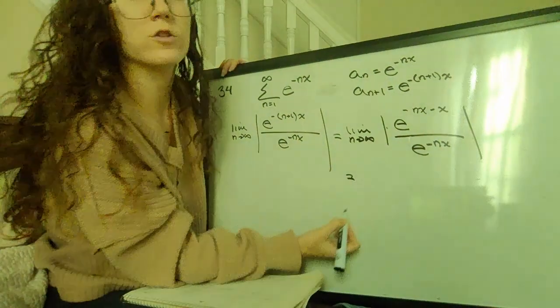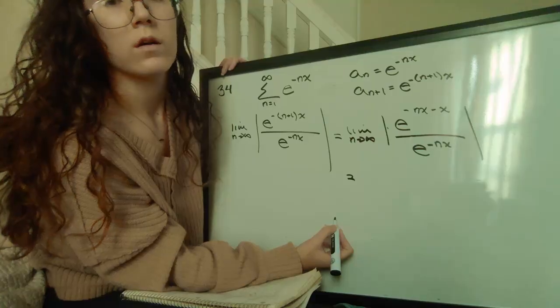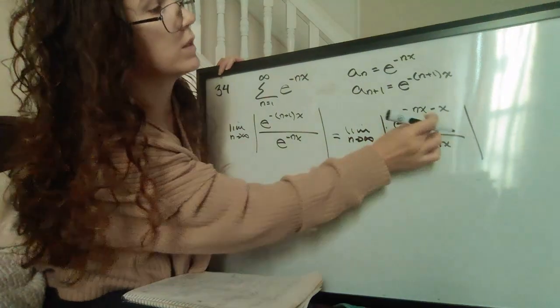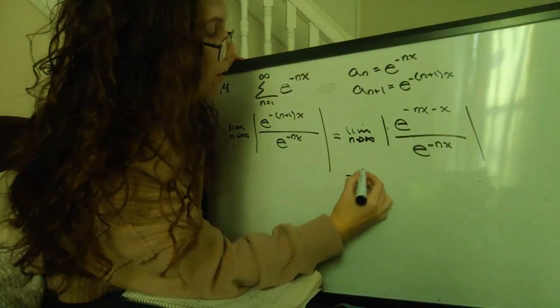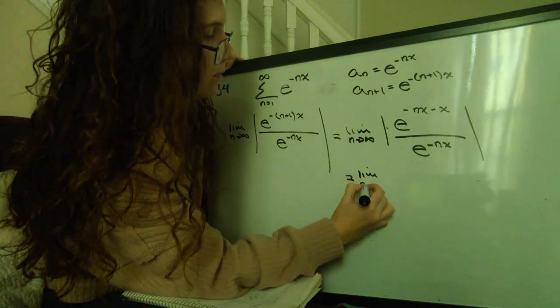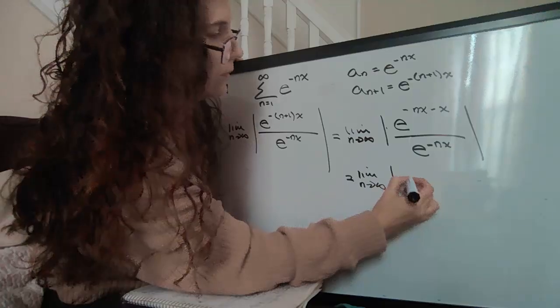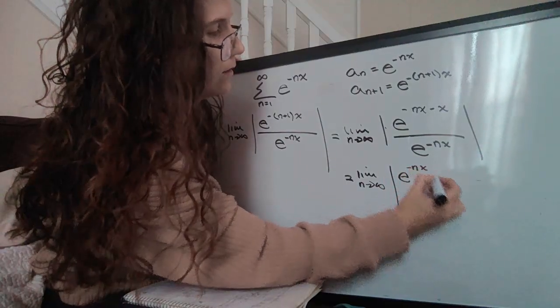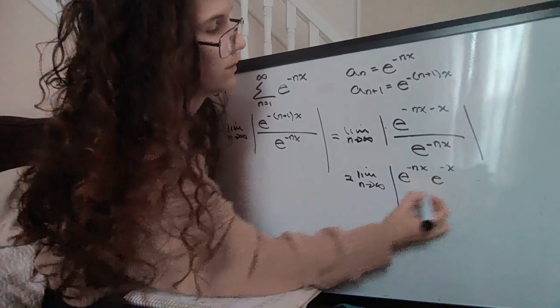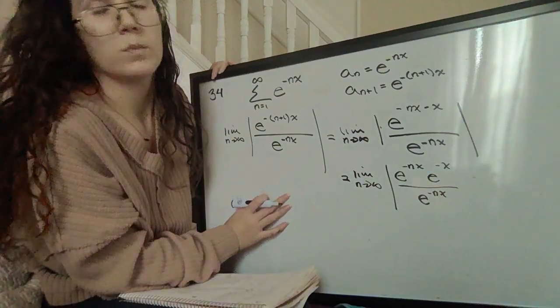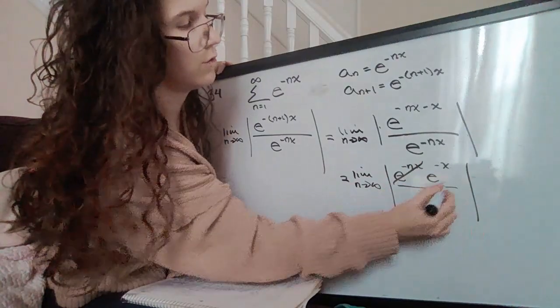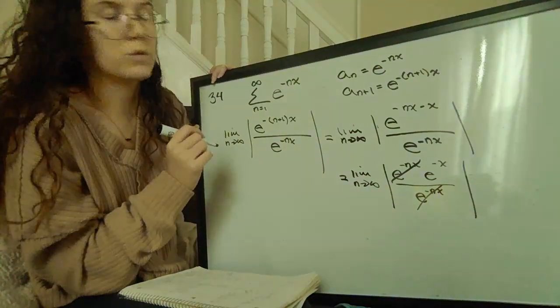We've been doing a lot of algebra with our exponents, so I can split this up. Even though they're minus signs, the rule is the same. So I could say that this is e to the negative n x times e to the negative x over e to the negative n x. Split those up, and then those cancel, which we love.